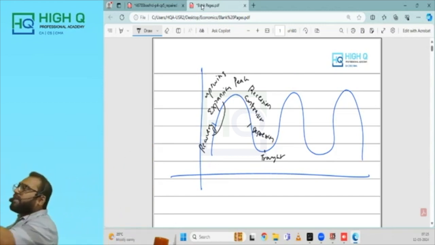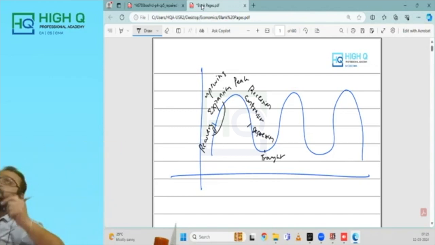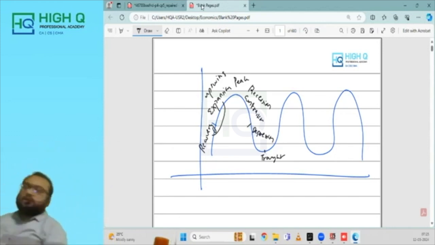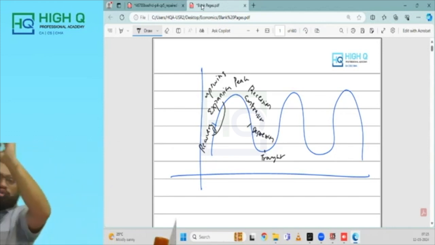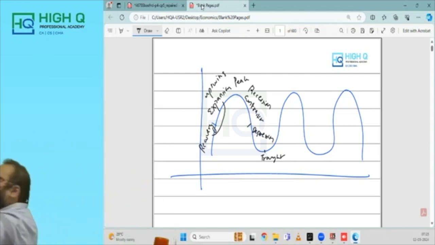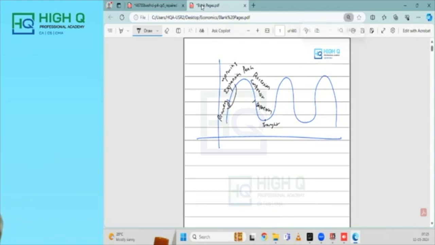It is not a small game of 5 to 10 years. When we say from recovery to expansion, the economy is going on an upswing, it does not run like a rocket. It takes several years to go from recovery to the expansion mode. For example, China.